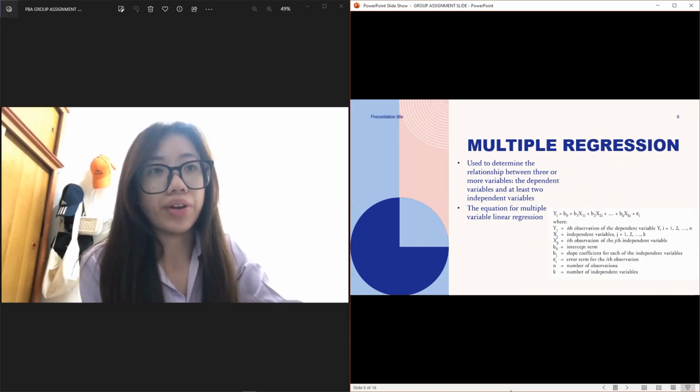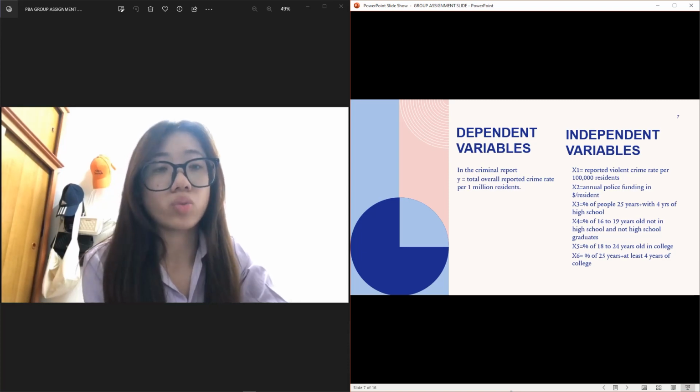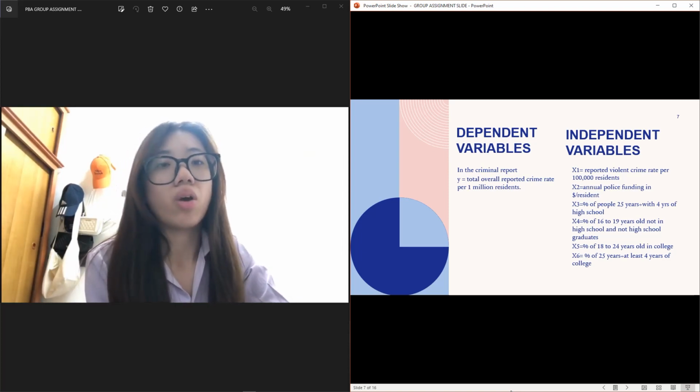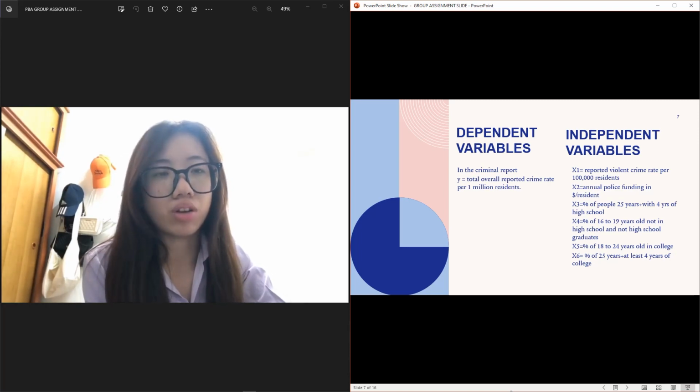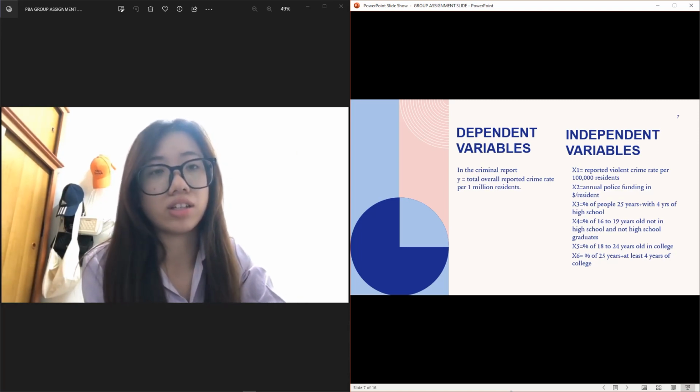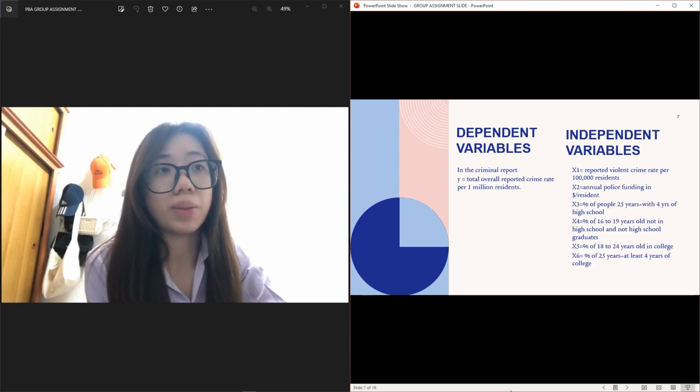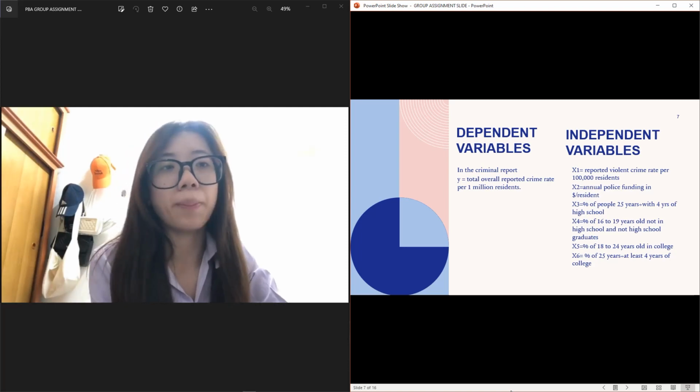In the crime report, Y represents the dependent variable and X1 until X6 are the independent variables. Y is the total overall reported crime rate per 1 million residents, and examples of the independent variables are the percentage of 18 to 24 year olds in college, and the percentage of those 25 and older with at least 4 years in college.